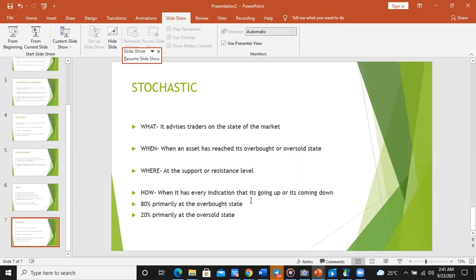So depending on the strategy that you are using, you can choose to increase this number, whether to see it above 80, 90, before you take your trade, to be very confident. Or the 20, you can also choose to see it lesser than this. It all depends on you. So now let's go back and then we see what the stochastic oscillator is.